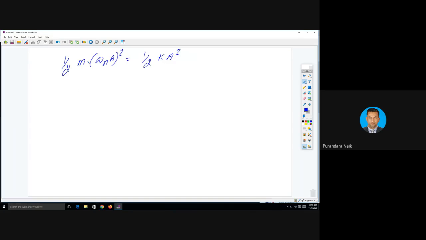Half will get cancelled. A square will get cancelled, right? m omega n square is equal to k. Therefore, omega n is equal to square root of k by m.